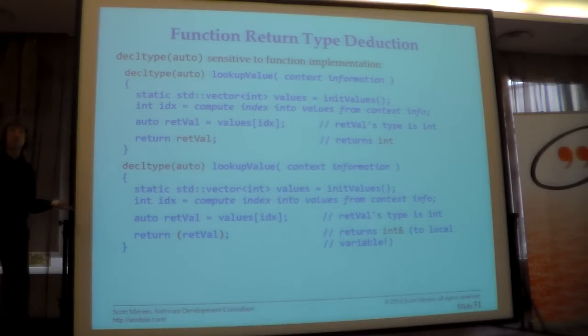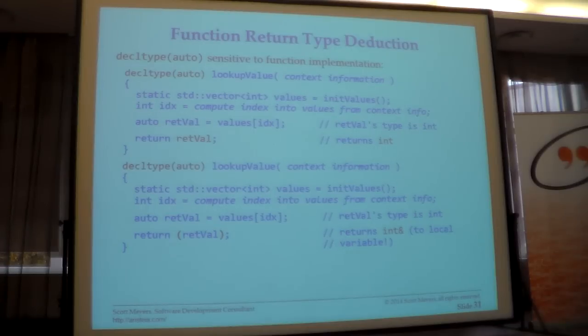Now, most compilers will give you a warning that you are returning a reference to a local variable. But there's no guarantee you'll get a warning. Some compilers may not do that. Which means that if you have a decltype auto return type, you need to be particularly careful about how you write the function body.